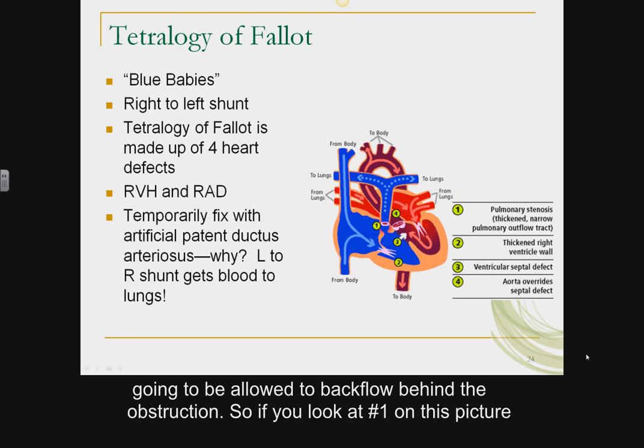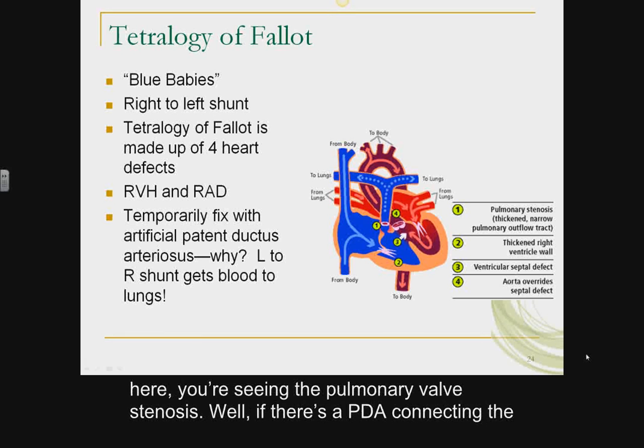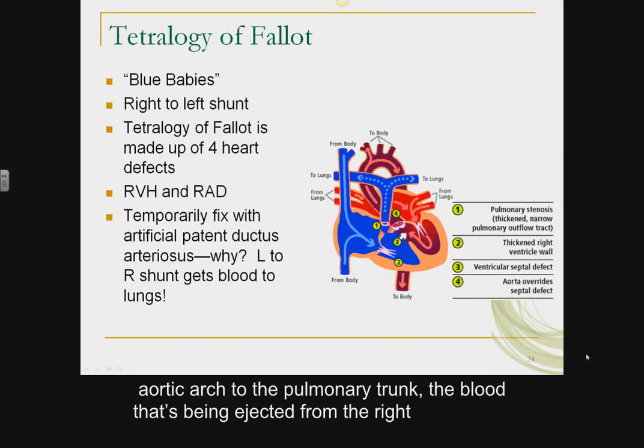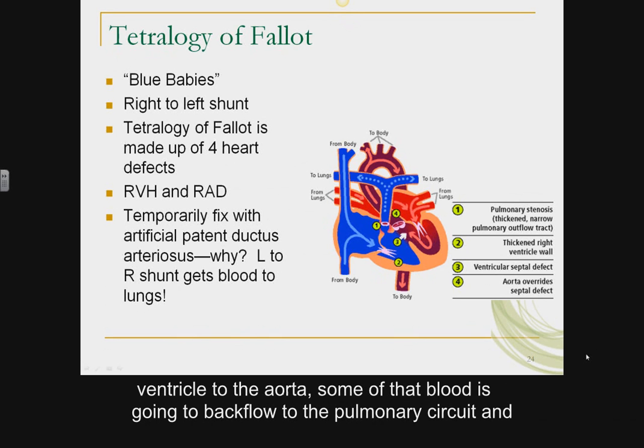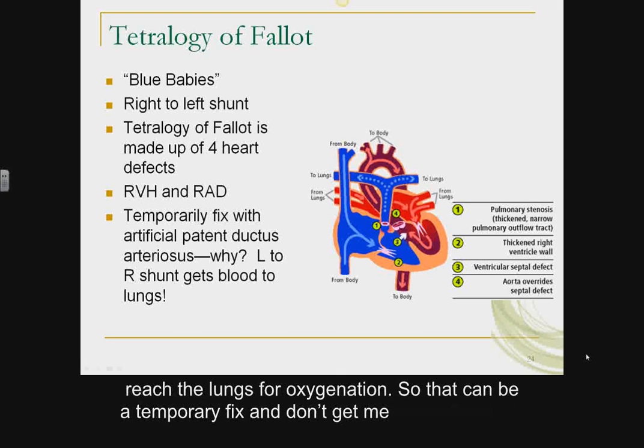So if you look at number 1 on this picture here, you're seeing the pulmonary valve stenosis. Well, if there's a PDA connecting the aortic arch to the pulmonary trunk, the blood that's being ejected from the right ventricle straight to the aorta, well, some of that blood is going to backflow to the pulmonary circuit and reach the lungs for oxygenation.